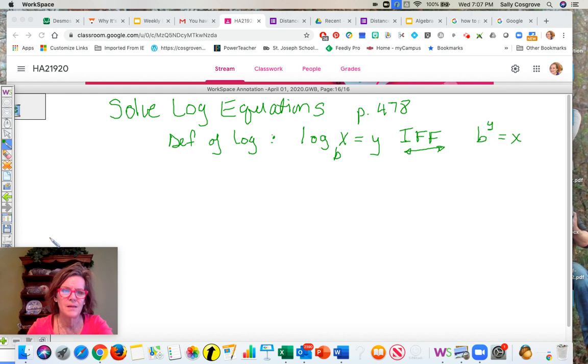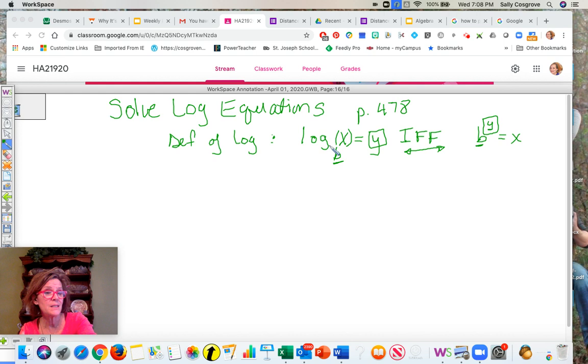And this way you can really see where everybody goes. Here's base b, here's base b, here is the log value. The log value in log form ends up being the exponent value in exponent form. And then this x over here in exponent form becomes what we call the argument in log form, the thing that you take the log of.